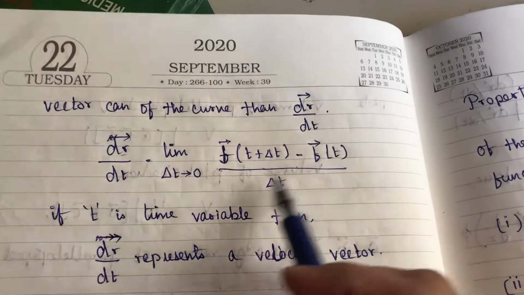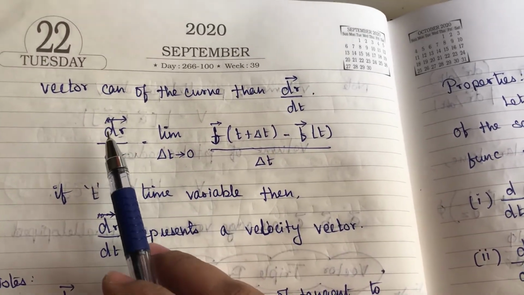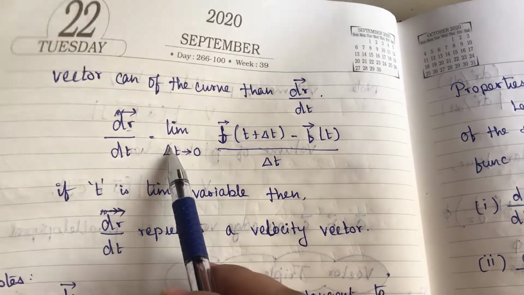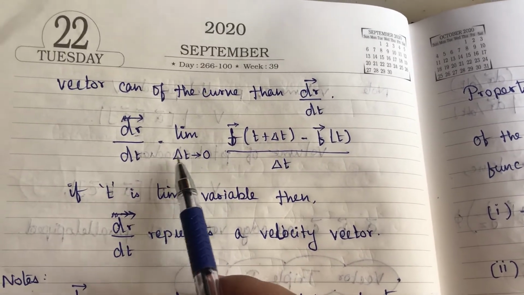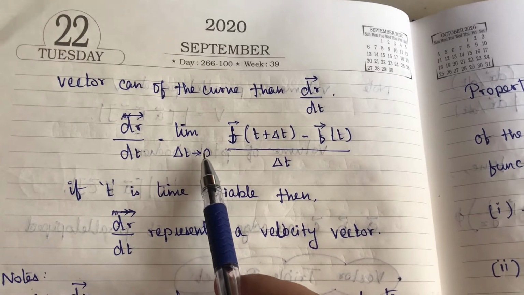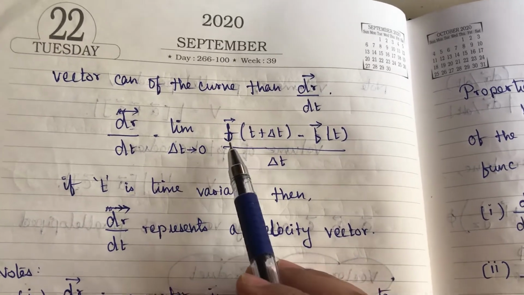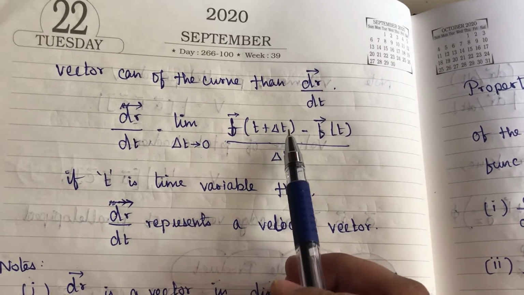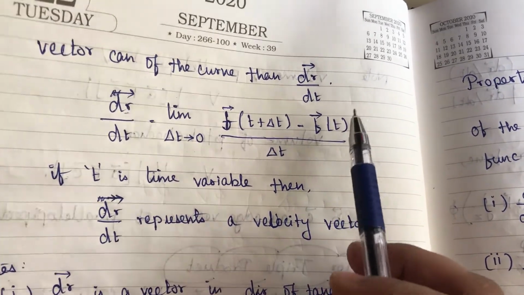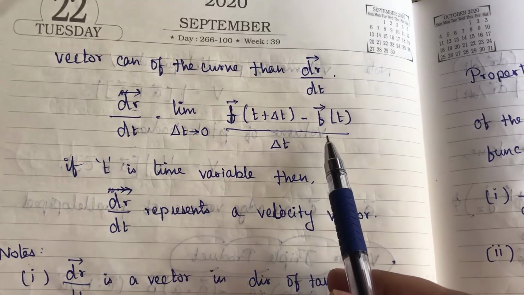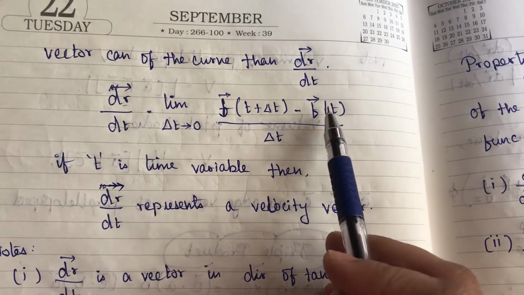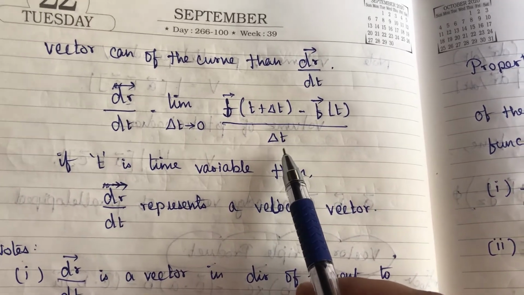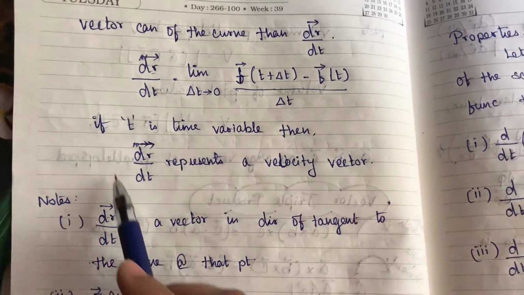So we add del t here, minus f vector of t, by del t. We subtract these two things, and we only get del t in the denominator.